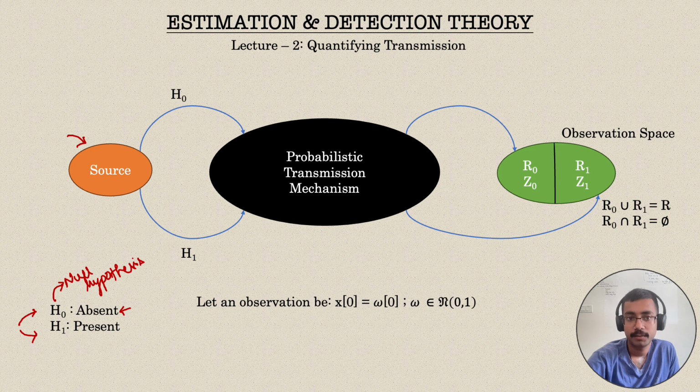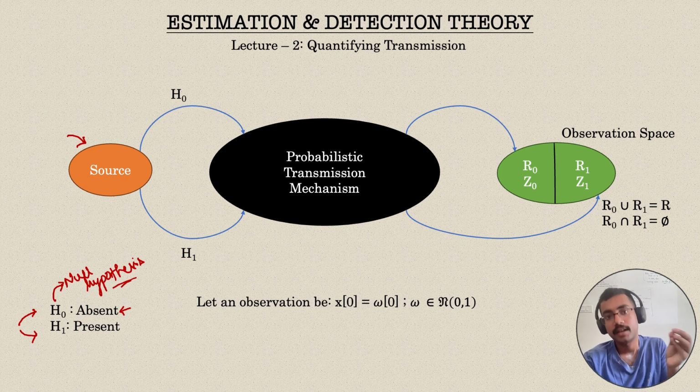In academic terminology, it's called the null hypothesis. Usually we can set the null hypothesis to anything, but usually we set it to what is absent or what is not present, the negative connotation. That's how we use the null hypothesis. And H1 implies that the source or the transmitter sends the signal.